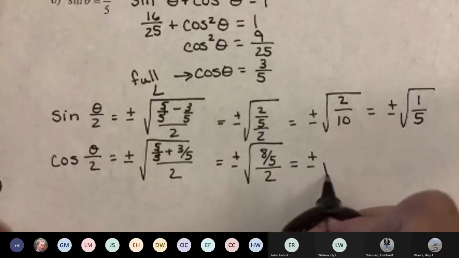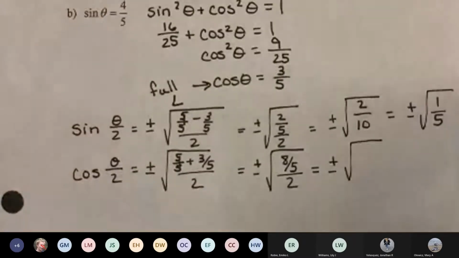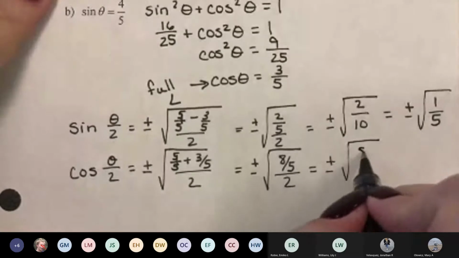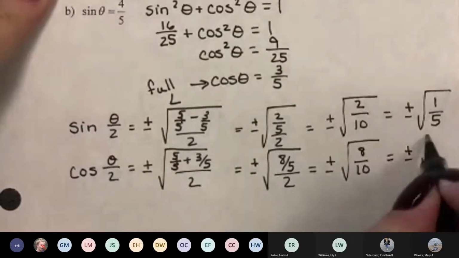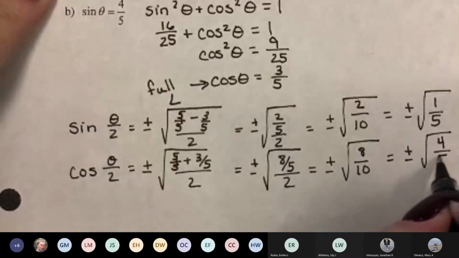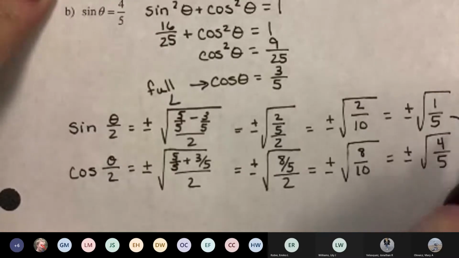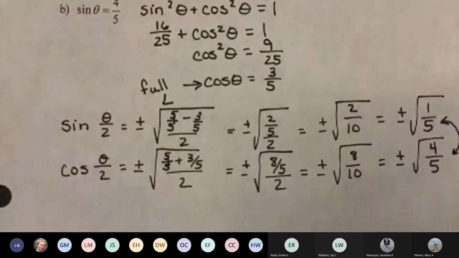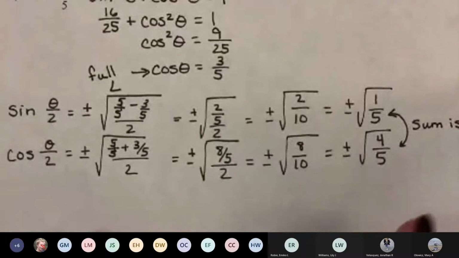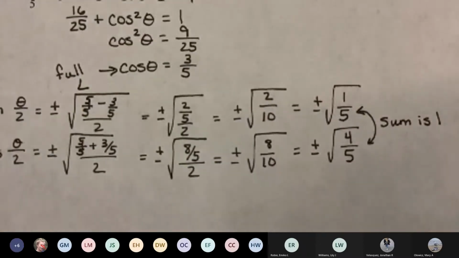And as you will hear me say over and over again today, if you divide a fraction by 2, which 8/5 is, you are going to double that denominator, making that 8/10, which turns into 4/5. And I would like to point out to you again that that sum is 1. Doing okay? Any questions? That sum is 1 right there.